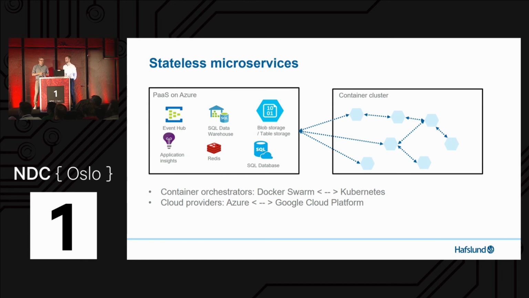Because that's the history, and we, to be frank, don't know that much yet about state directly in containers. But it has given us the ability to move easily. So we switched from Swarm to Kubernetes without any problem. We are also currently running on Azure for some stuff, for the utility part. But in the district heating, we're running on Google Cloud Platform, which is what we'll show today. So this statelessness made this very easy to move.